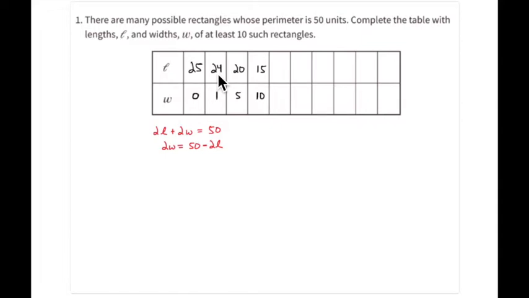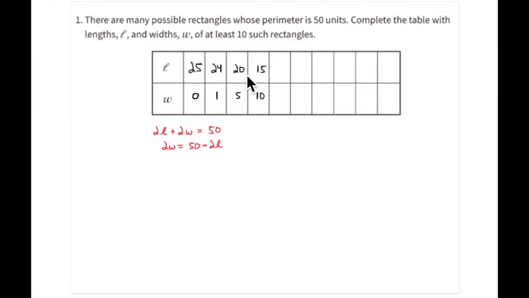But now what if I say, I'm going to use a length of 24 units? Well, you're going to use up 48 units of the perimeter as the length. So it's 2 times that 24 is going to be 48. You're going to have 2 units left over, and those 2 units have to be cut in half. So 1 unit for the width and 1 unit for the other width.